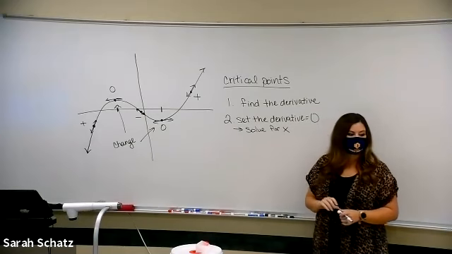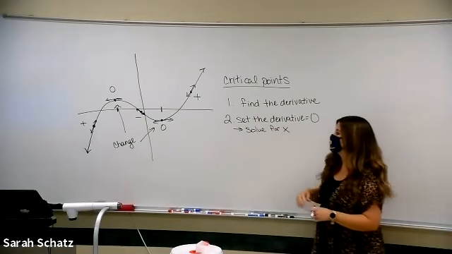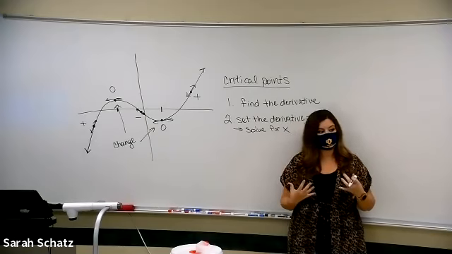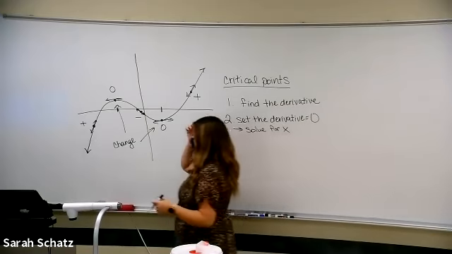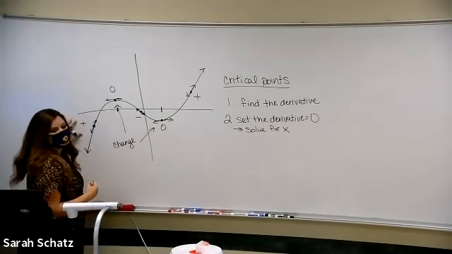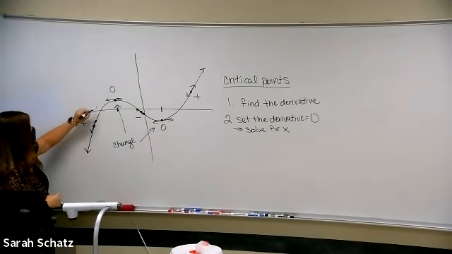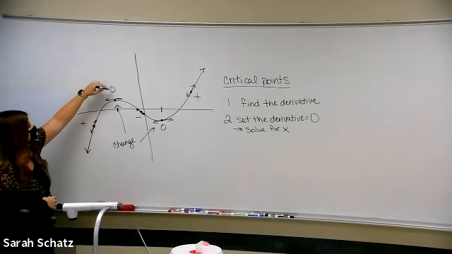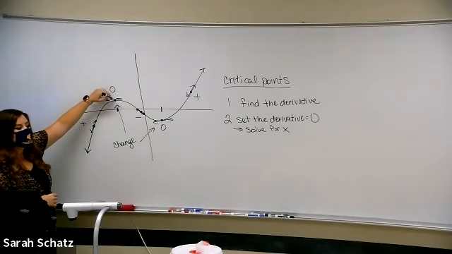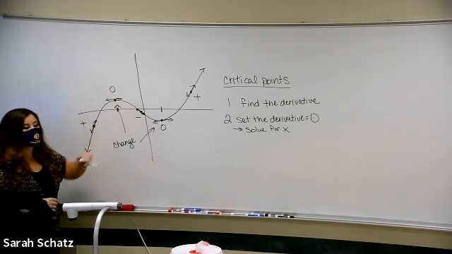Before we start finding critical points, you guys, I want to make sure that we all understand something. So this derivative over here, we already said it's positive, it's positive. All these points would be positive derivatives until we get here at 0, and then it goes negative.